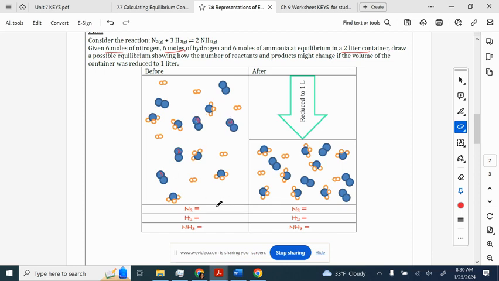So we do have 6 of everything here. So they just want us to put that down here. All right. When we go through the change here, we end up with 5, 3, and 8. And we could sit there and count them if you want, but hopefully you just trust my math.